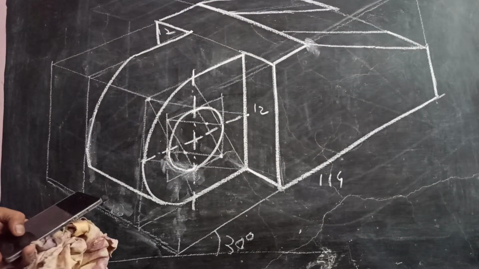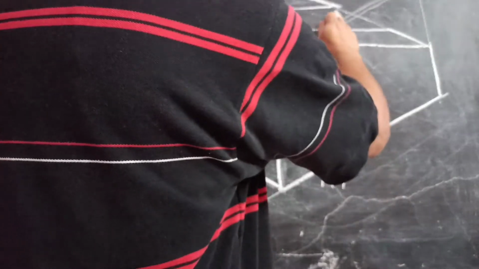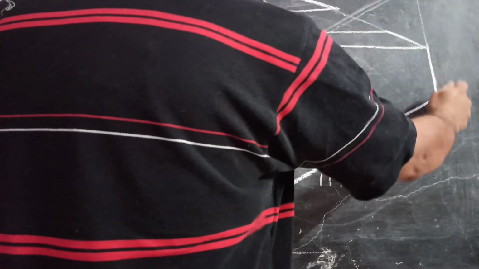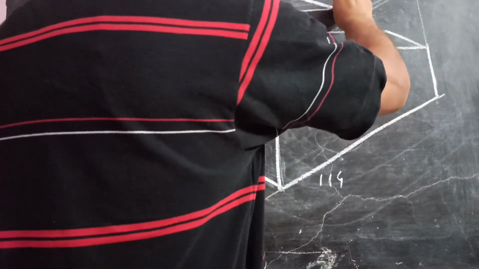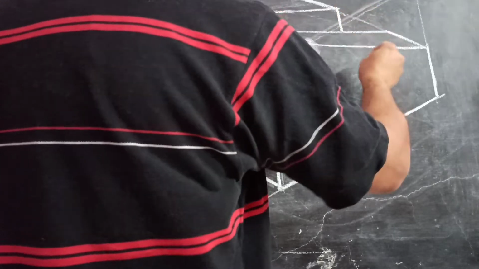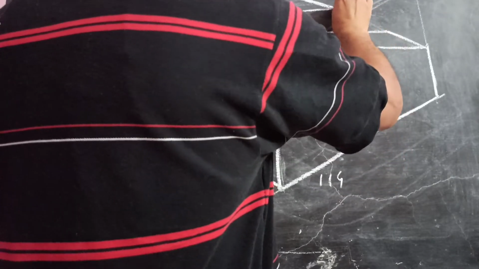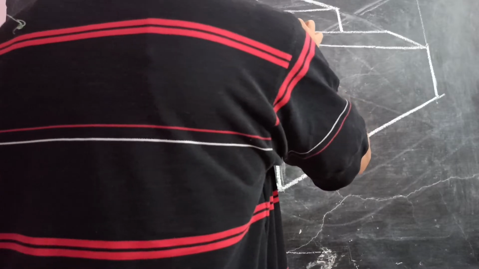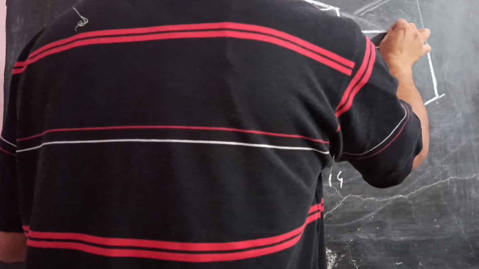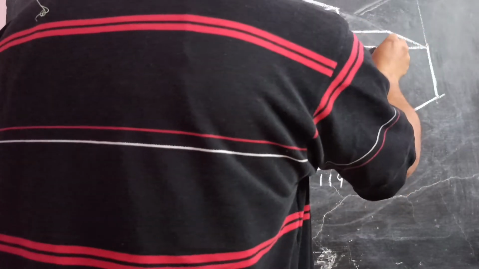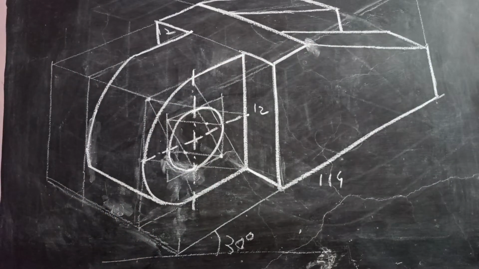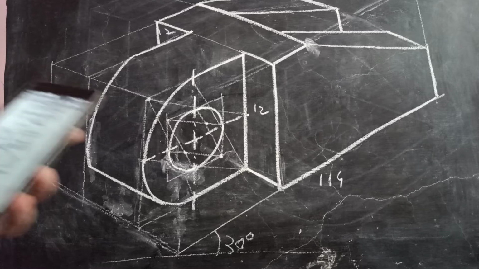Then from this corner, draw a vertical line parallel to this one. So this is the solution for the problem number 23, this one.